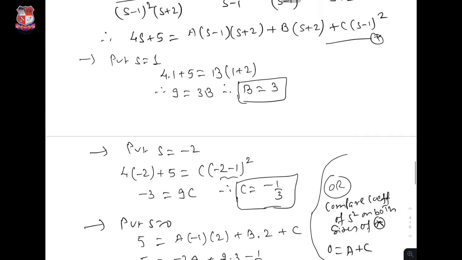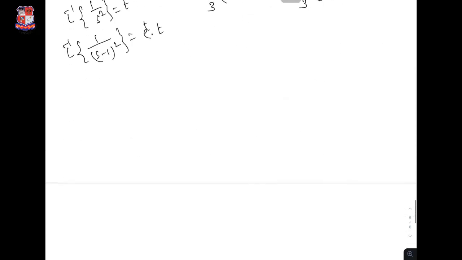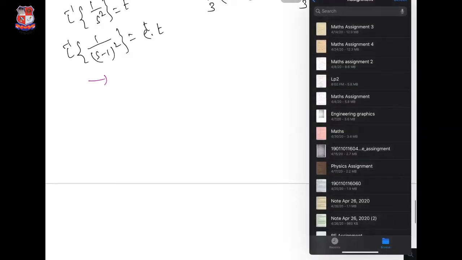Okay. Next let us take one more example, where we have one more partial fraction method.